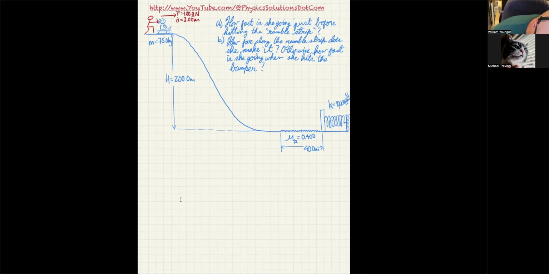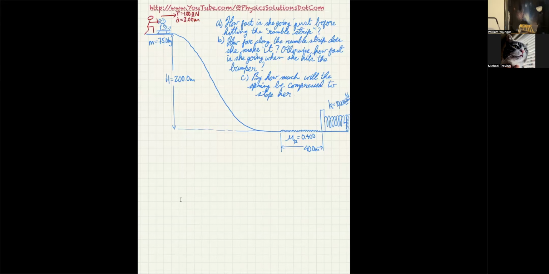And then finally, assuming that she actually does make it all the way through the frictionful area, we want to know by how much does she compress the spring before coming to a stop. So C, by how much will the spring be compressed to stop her?